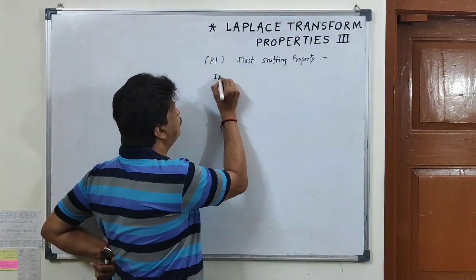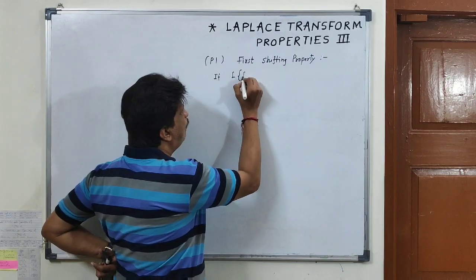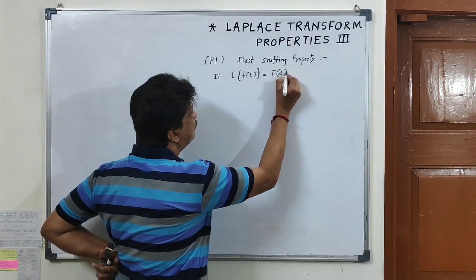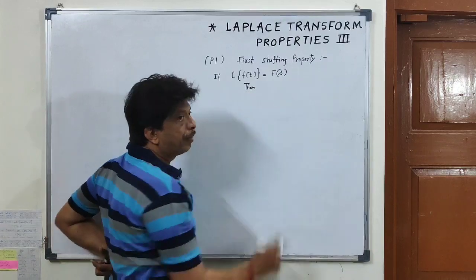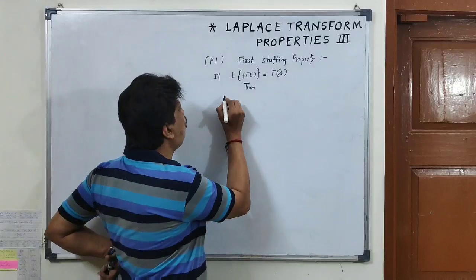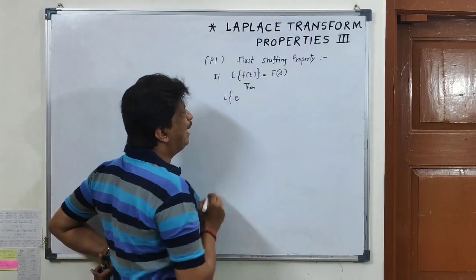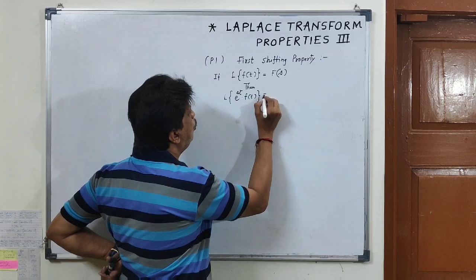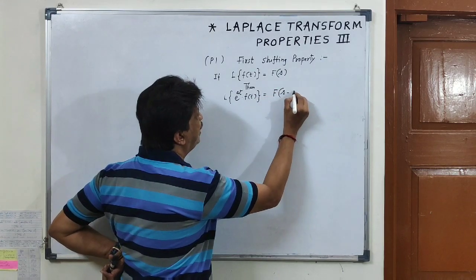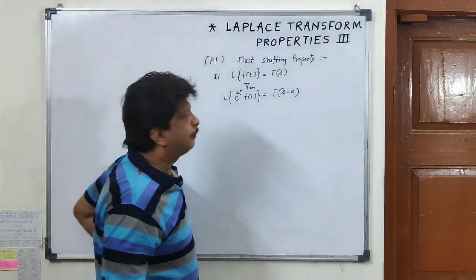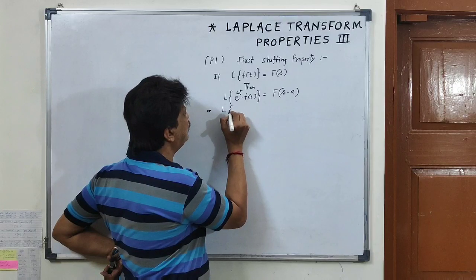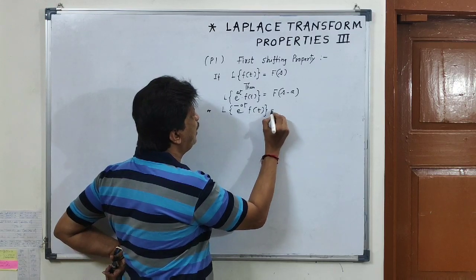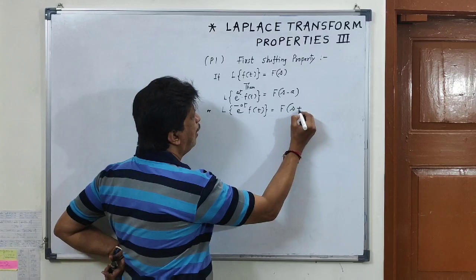If the Laplace transform of function f of t is say F of s, then the Laplace transform of e raised to power at into f of t will be equal to F of s minus a. Or the Laplace transform of e raised to power minus at into f of t will be equal to F of s plus a.